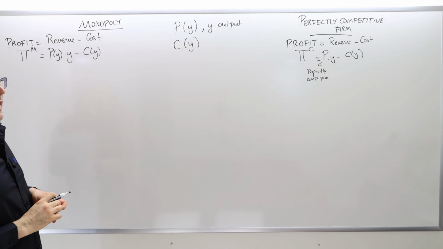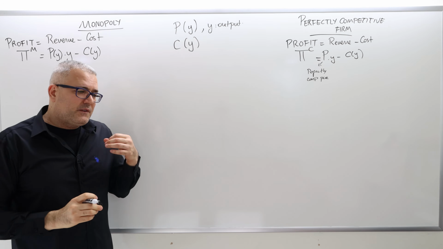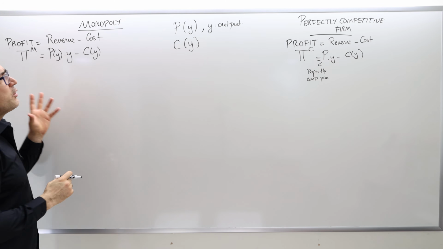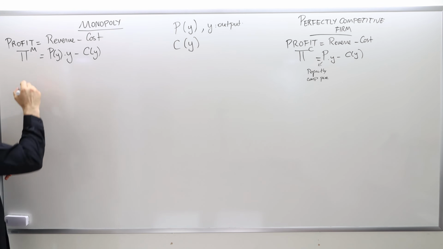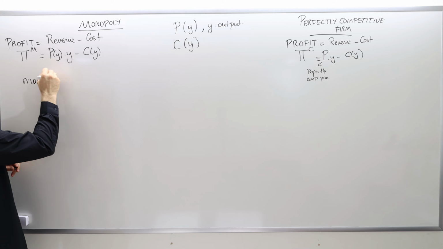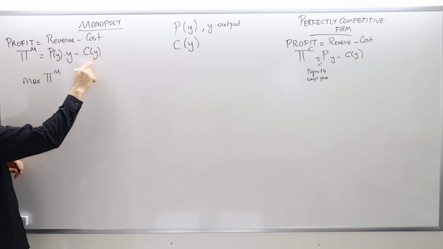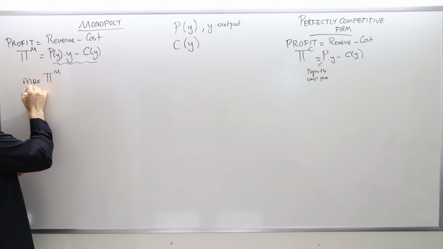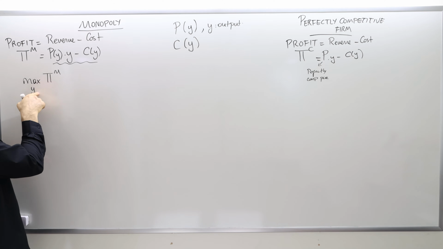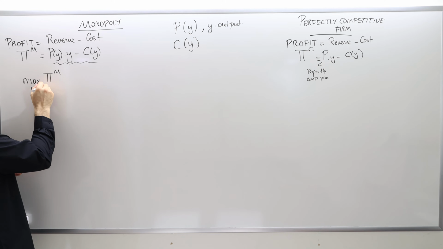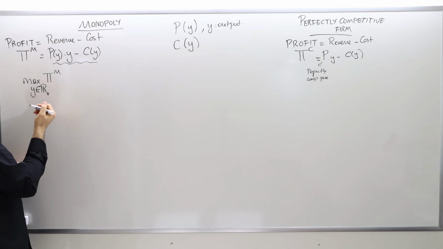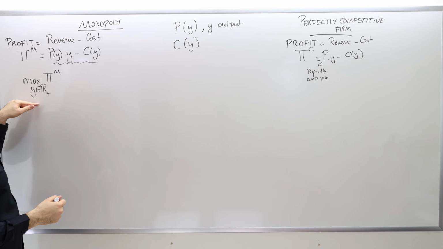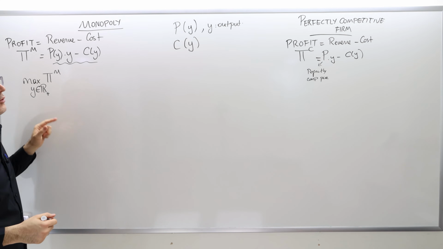Okay. Well, remember the objective of the firms, whether monopolist or competitive, is to maximize profit. And because this profit function is a function of output, you choose Y, which is some non-negative real number, to maximize your profit.